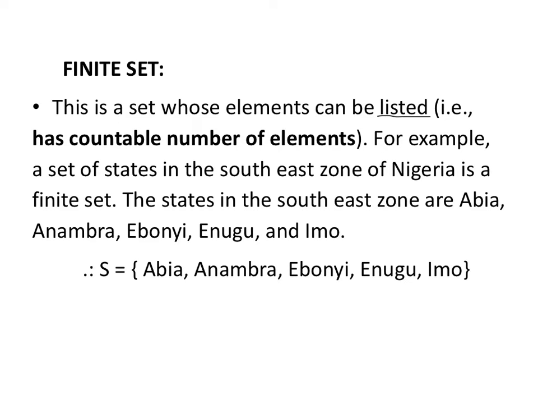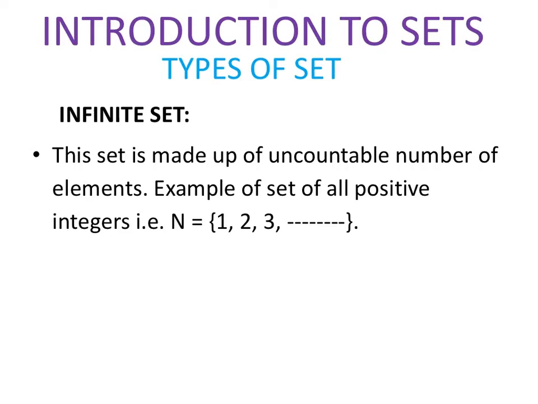The states in the southeast zone are Abia, Anambra, Ebonyi, Enugu, and Imo states. So to represent it, you have S to be the set of the states in the southeast zone, and we have the curly brackets, and inside we have Abia, Anambra, Ebonyi, Enugu, and Imo. So this set is finite because you can list them. When we get to infinite sets, we will see the difference between finite and infinite sets.